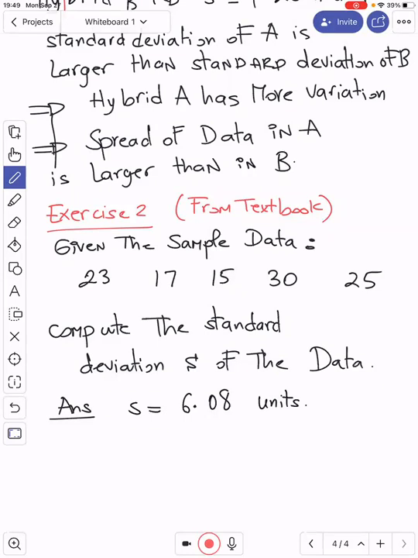So I'm going to introduce the coefficient of variation, which lets you compare measurements of different populations that use different units.